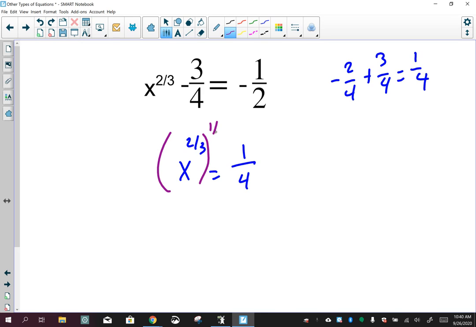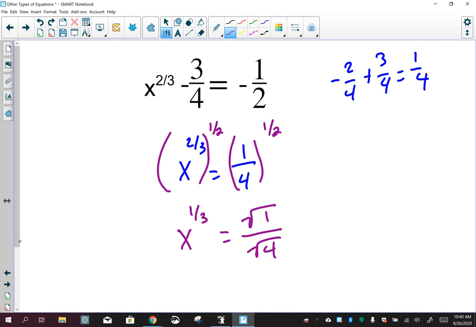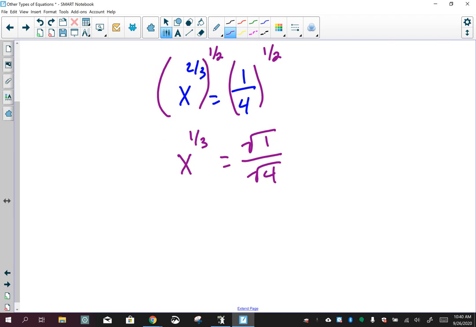That leaves me with x to the 1/3 over here, and then the square root of 1 over the square root of 4 is equal to 1/2. See, I done jumped ahead. That's where that 1/2 came from earlier.